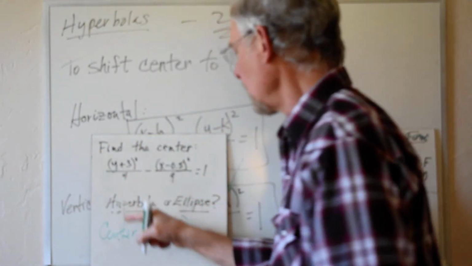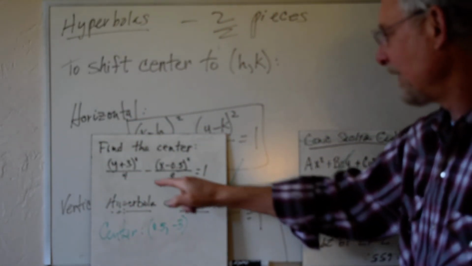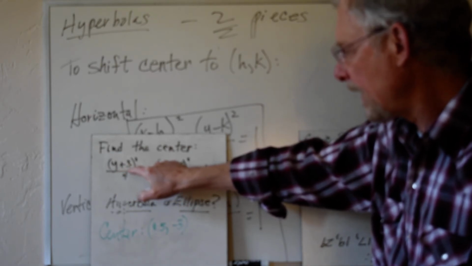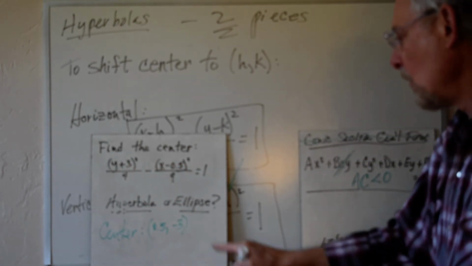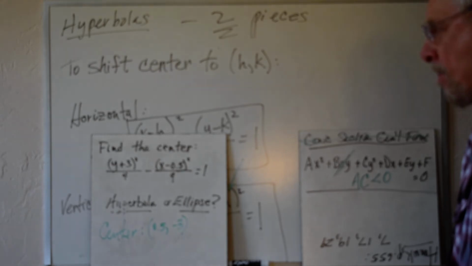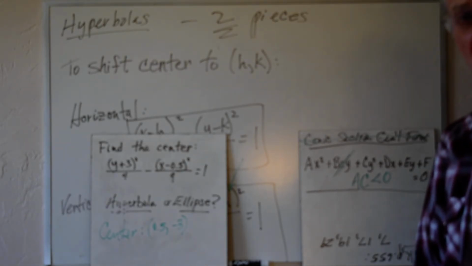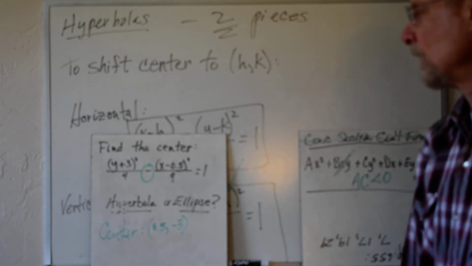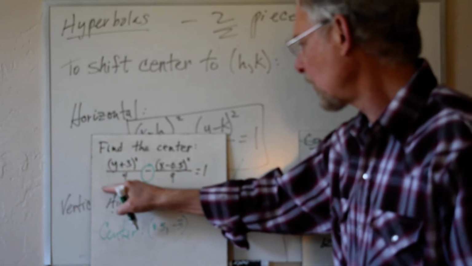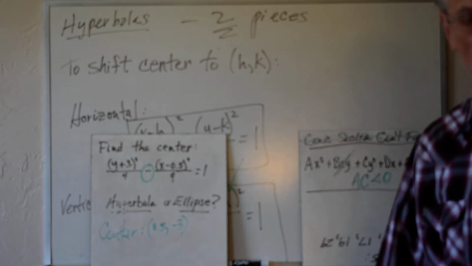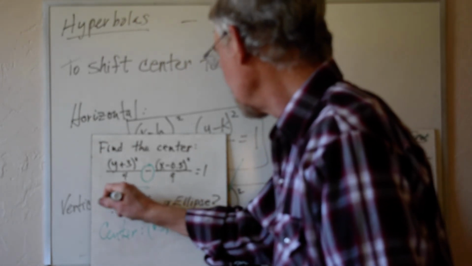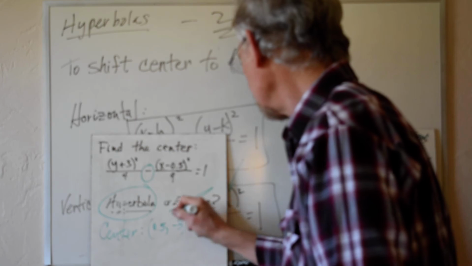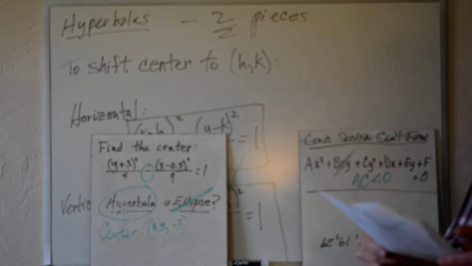Did you make a mistake and say positive 3? Remember, it has to be subtracted. k has to be subtracted. So there's our center. But is it the center of a hyperbola or the center of an ellipse? Look right there. This whole side of the equation is a big subtraction problem. Therefore, this is a hyperbola, not an ellipse.